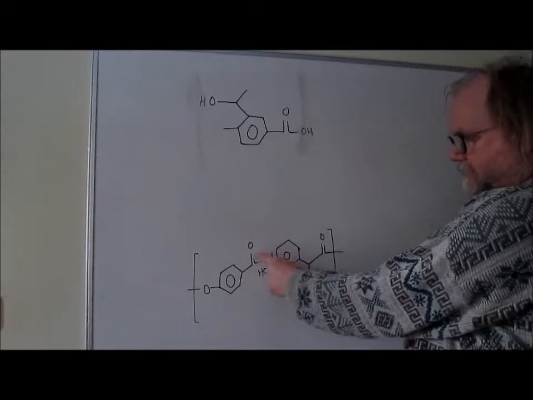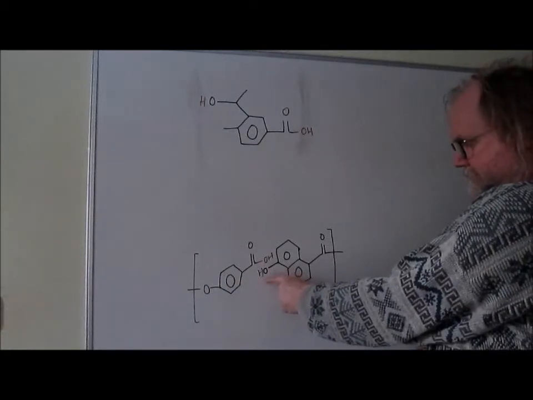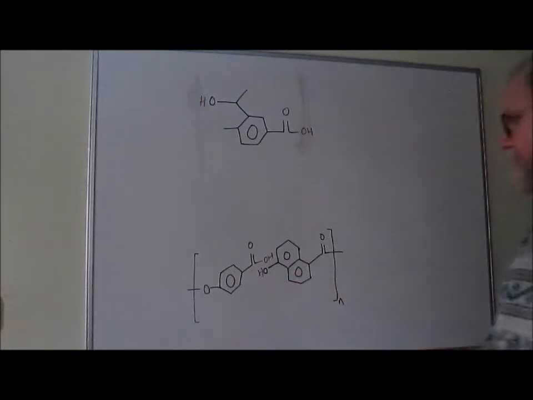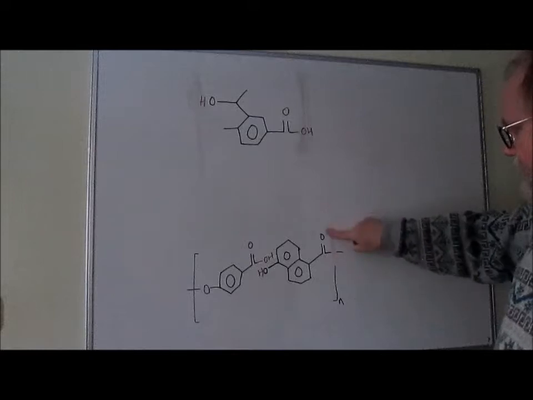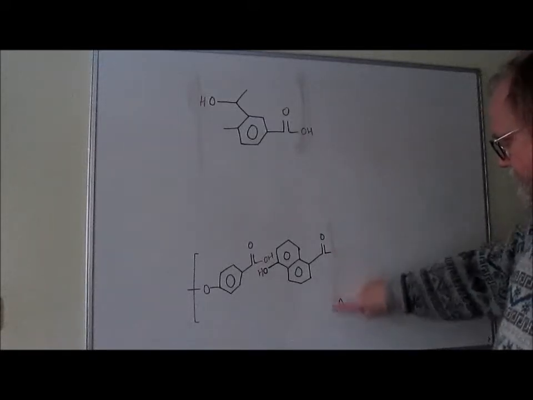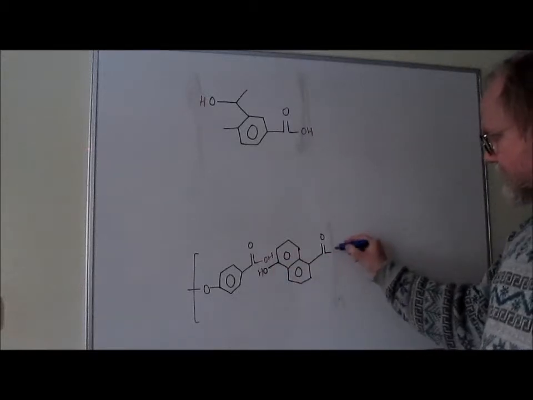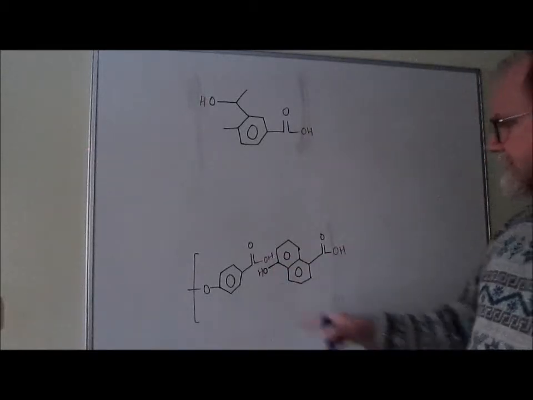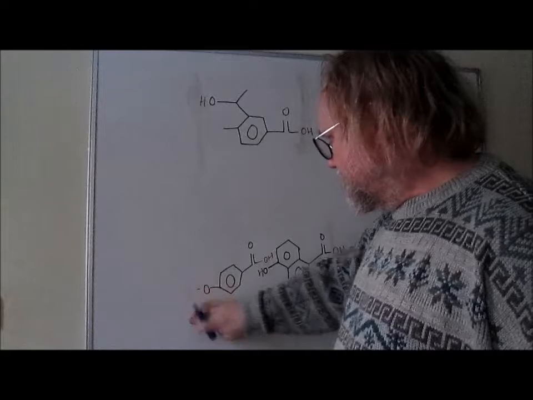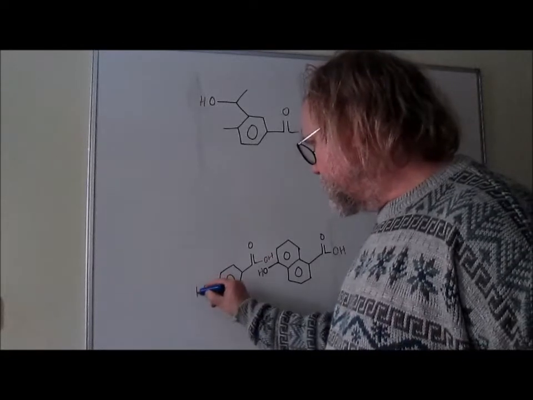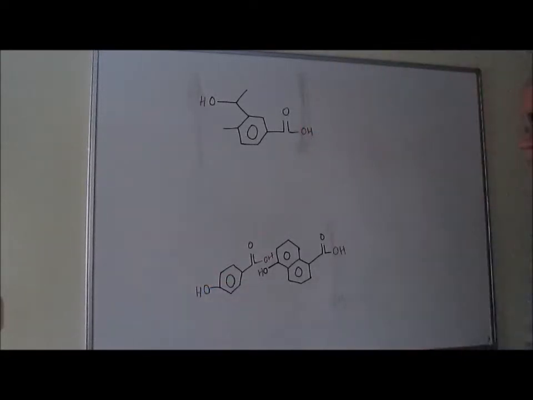So the carboxylic acid group from this monomer, and what's in fact a phenol group from this one, and then each of them also has its complementary functional group. So this has the phenol at this end, and therefore a carboxylic acid at this end, and this one has its phenol group there, and so there are your two monomers which condense together to give you that one.